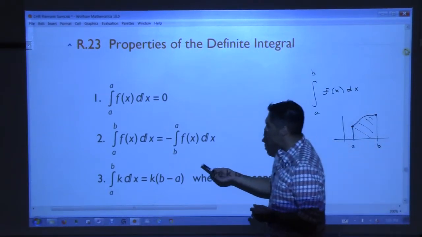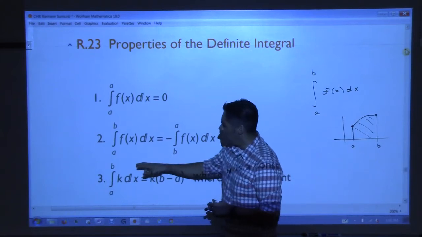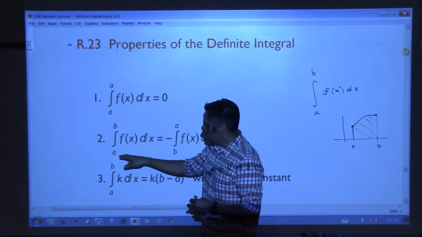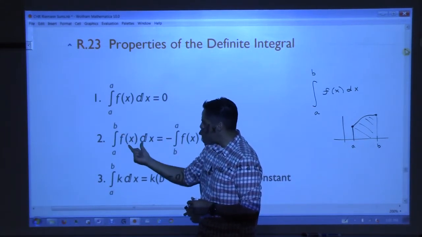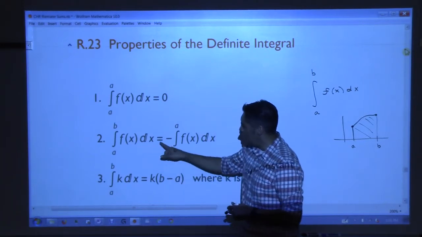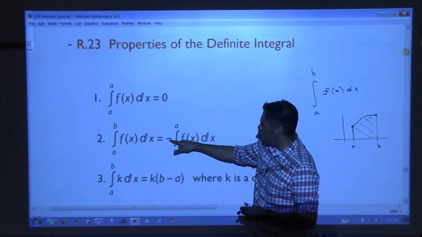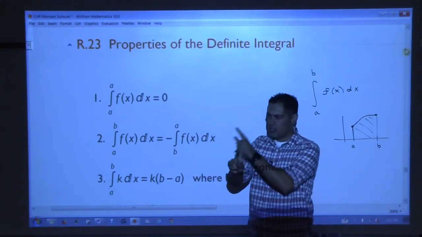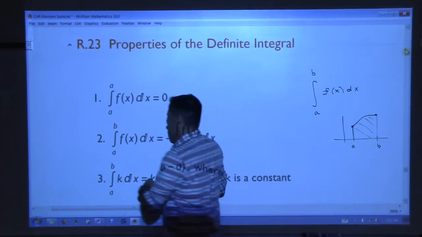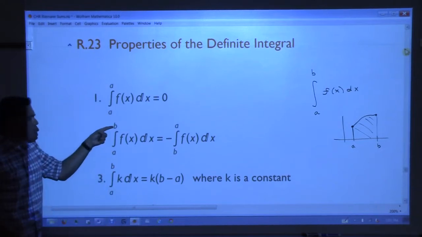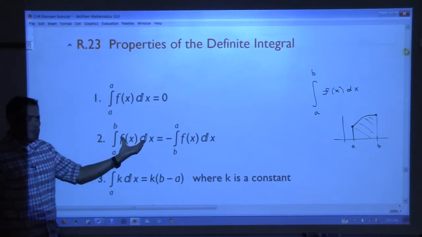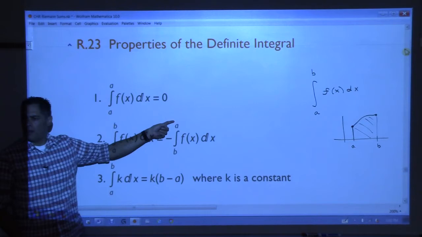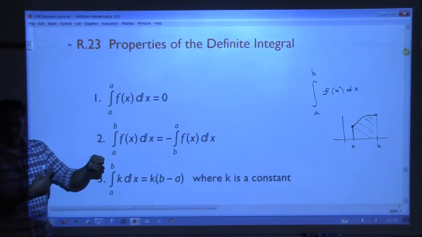Now this one's kind of interesting. It says that if you want to find the definite integral from a to b of some function, it's equal to the negative of the integral if you go from b to a. It means if you switch your numbers, like let's say this goes from 1 to 4, you get an answer. If you go from 4 to 1, it's that same answer but negative.